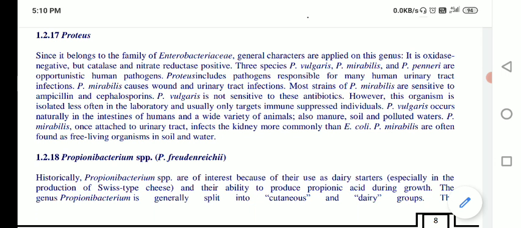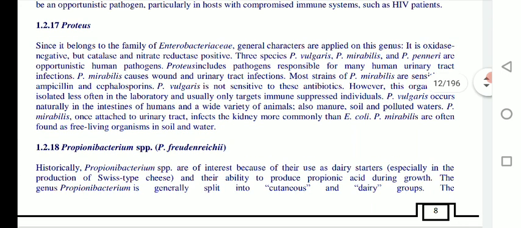Proteus vulgaris occurs naturally in the intestine of humans and a wide variety of animals. It is present in manures, soil and polluted waters. Proteus mirabilis, once it causes urinary tract infection, infects the kidney more commonly than E. coli, and Proteus mirabilis is often found as a free living organism in soil and water.